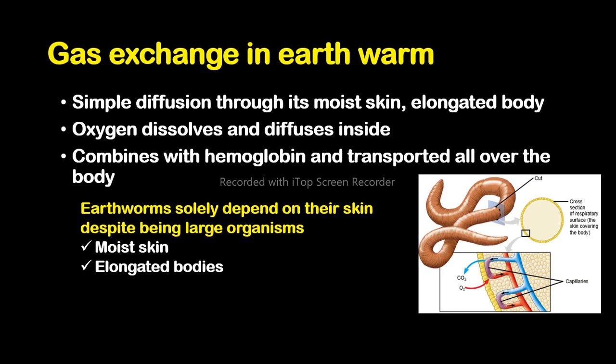It has an elongated body. They are not so active, and what does that mean? They require less energy, so the rate of respiration is not so high, and they do not need to take in large volumes of air.